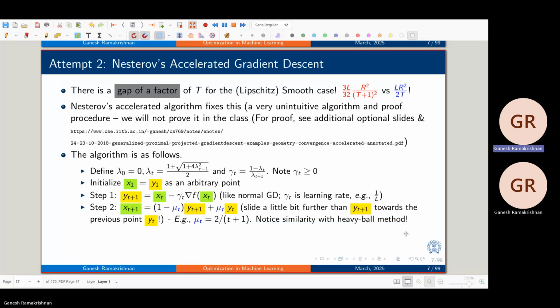If mu makes the next update close enough to y t, so that the gradient is computed at the previous update, then it's becoming like heavy ball, right? So that's why if you take a value of mu which is close enough to 1, then you'll start becoming like heavy ball.